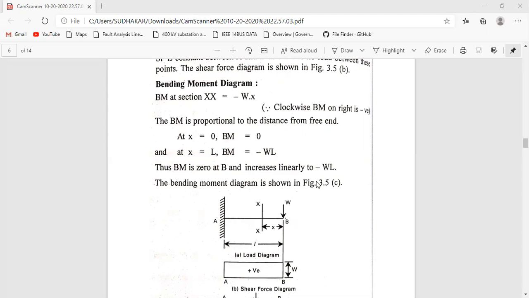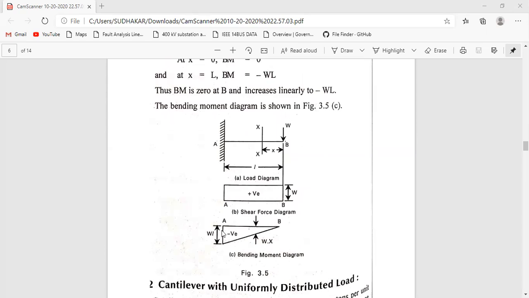The bending moment will be represented like this. First of all, we draw a baseline here, AB, and we need to calculate the bending moment at the fixed end. Minus WL, that much amount will be noted here.